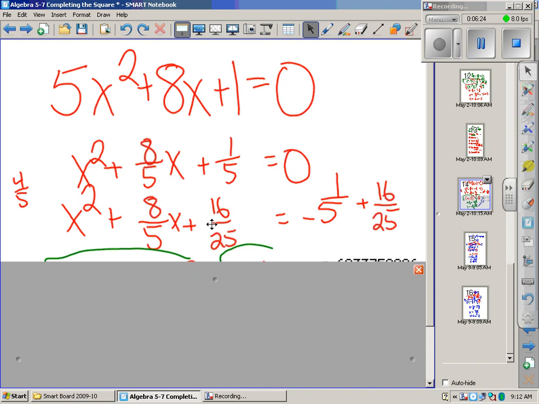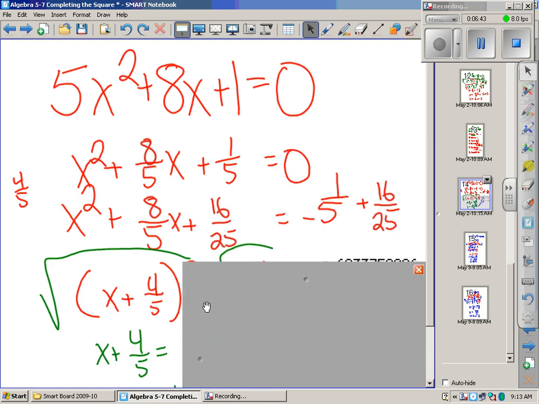I kind of cut out the middle step there. We want to subtract the 1/5 over, which is why this is a negative 1/5. Then we know how to factor x squared plus 8/5 x plus 16/25. It's just going to be x plus 4/5.